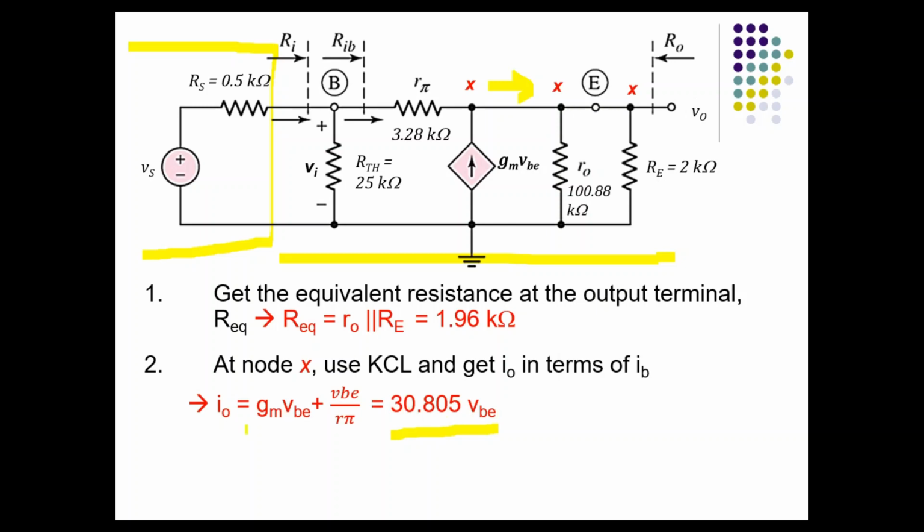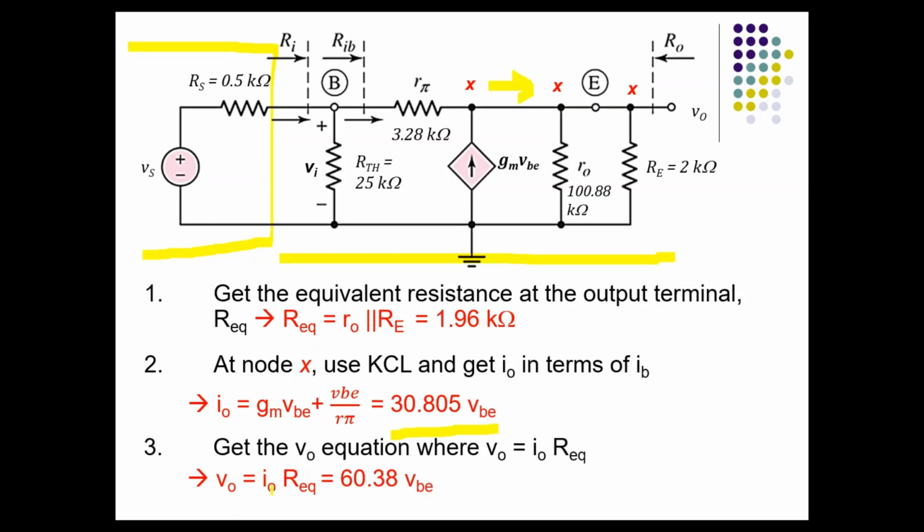So you can see that I left the answer in terms of VBE because VBE will be cancelled out later. The third step is the Vout equation, and Vout is equivalent to I0 multiplied with R equivalent, and I obtained 60.38 VBE. So the output side is done.